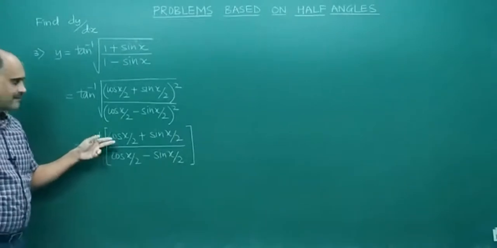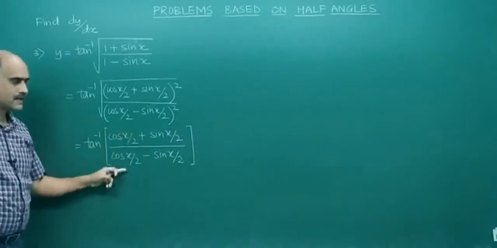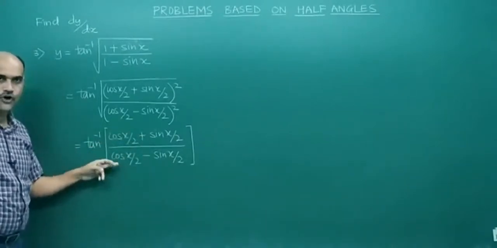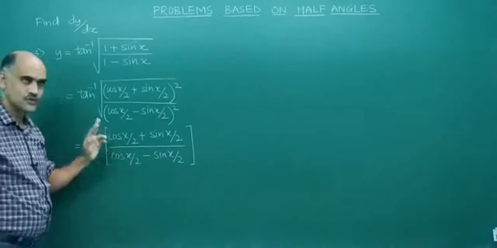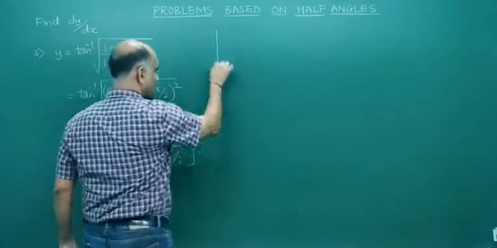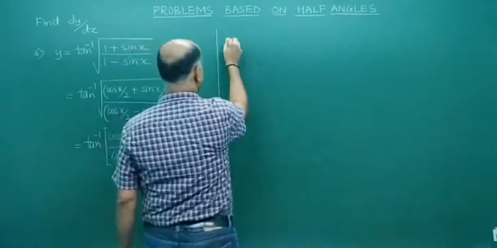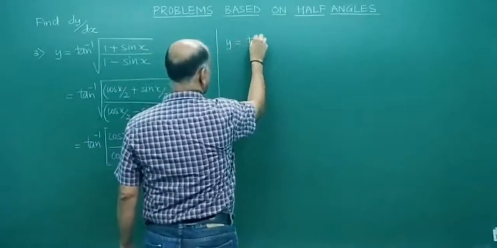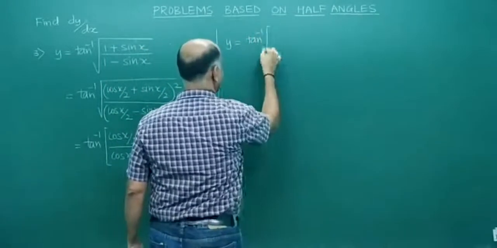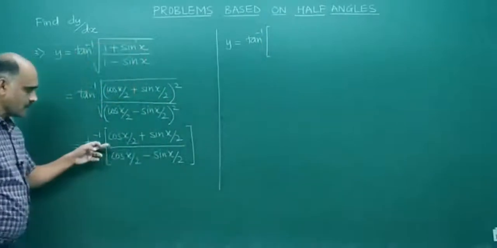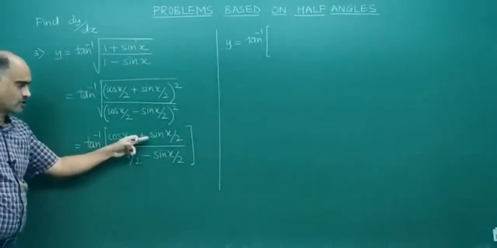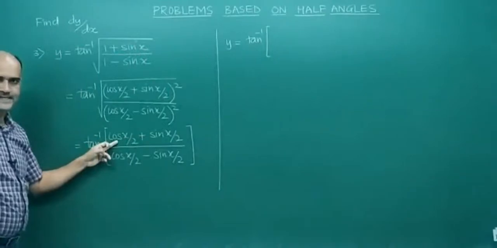Now again divide both numerator and denominator by cos x by 2. So if I divide both numerator and denominator by cos x by 2, I will have y is equal to tan inverse. If I divide the numerator by cos x by 2, this gets cancelled.